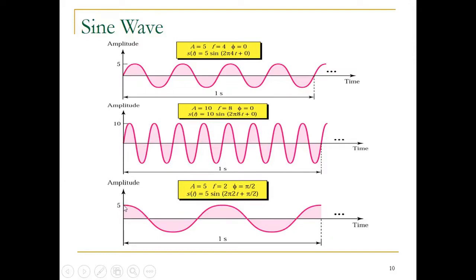So it will take a longer time for even its frequency to complete one repetition in its transmission.